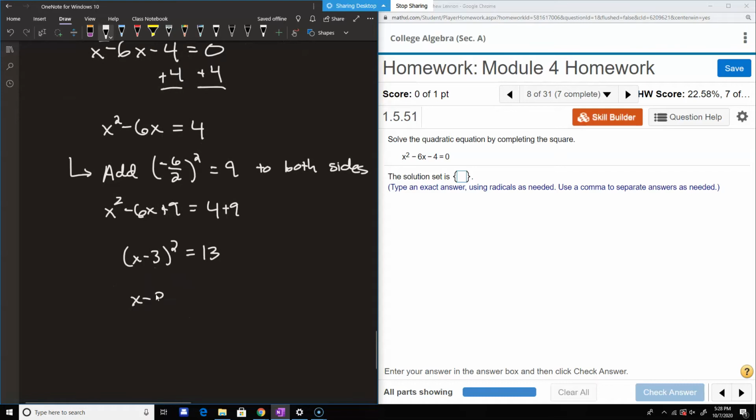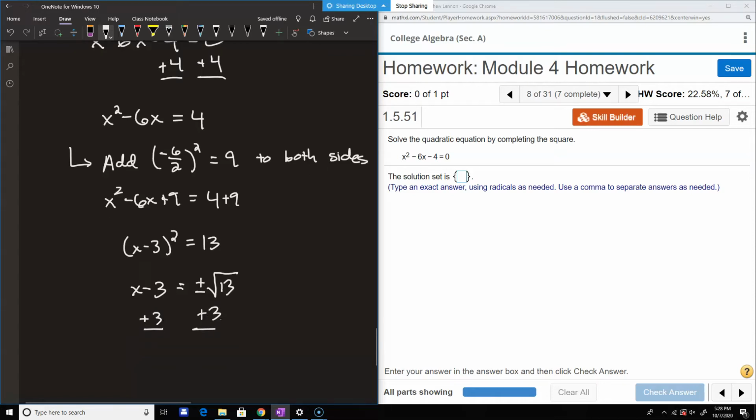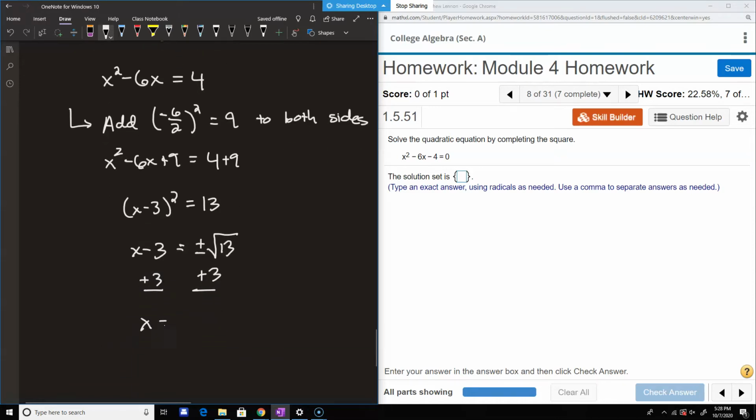So x minus 3 is equal to plus or minus the square root of 13. Add 3 to both sides. So we get x is 3 plus or minus the square root of 13. So for simple problems, a lot of times this even works faster than plugging everything into the quadratic formula.